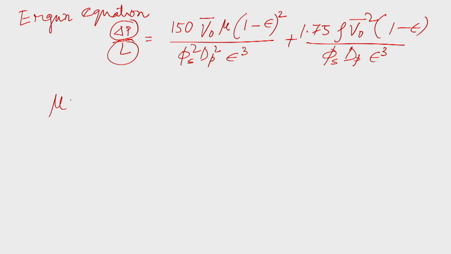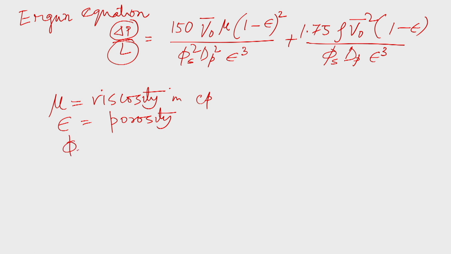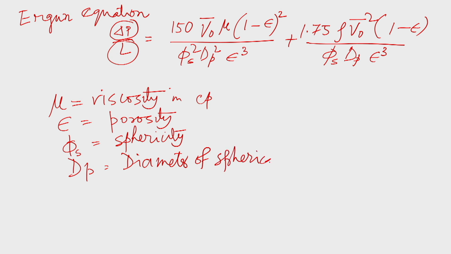Mu is the viscosity in centipoise, epsilon is the porosity, phi s is the sphericity of the particle, dp is the diameter of the sphere, and rho is the density, in kg per meter cube.